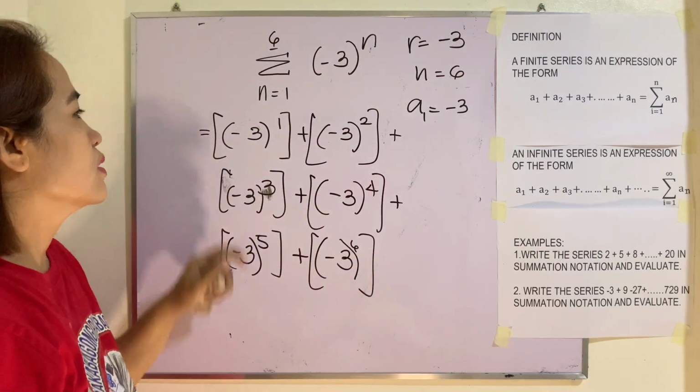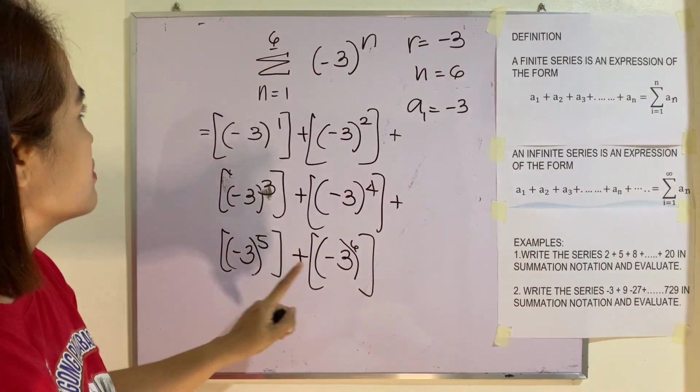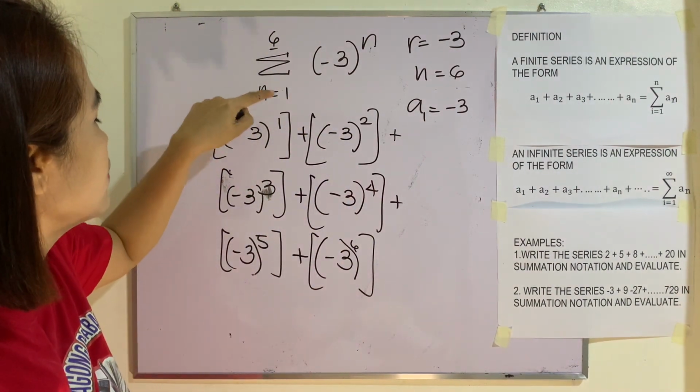Okay. So we have 1, 2, 3, 4, 5, 6. We start from 1.